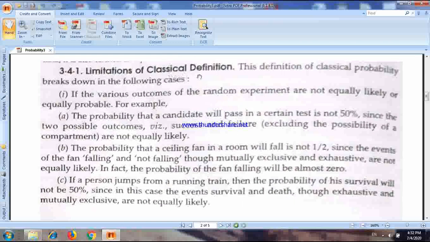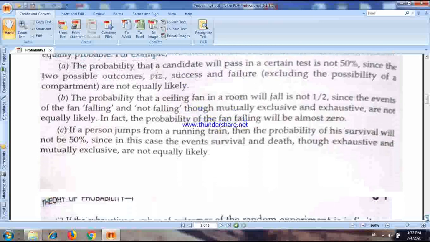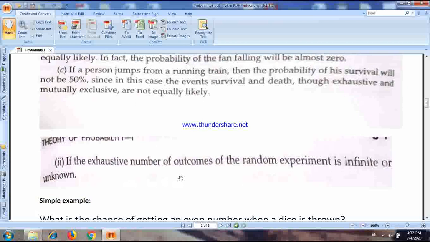Some limitations are there, and the definition fails if the possible outcomes are not equally likely. And another limitation is there, if the exhaustive number of outcomes is infinite.